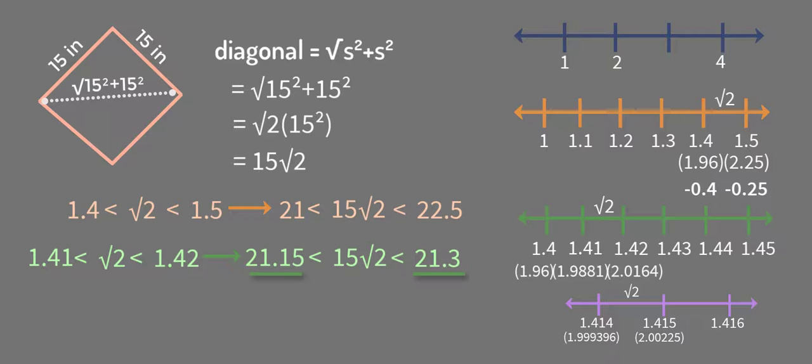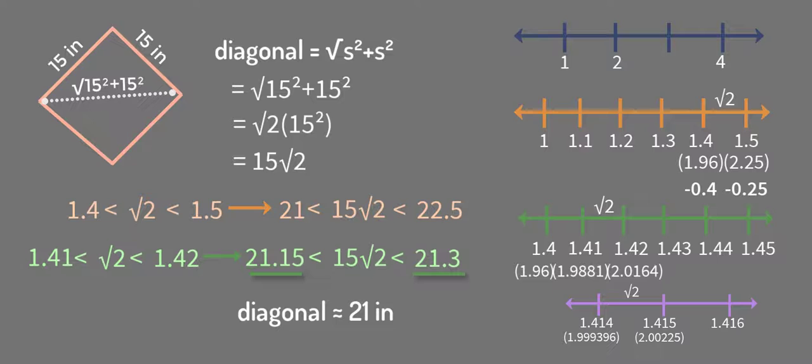We don't even need to check the thousandths, because both of these rounded to the nearest half inch are going to be 21 inches. So to the nearest half inch, as we're instructed in the problem, the diagonal length is approximately 21 inches.